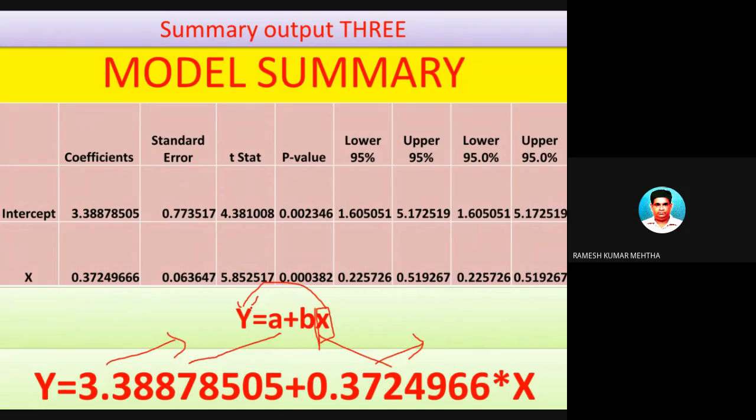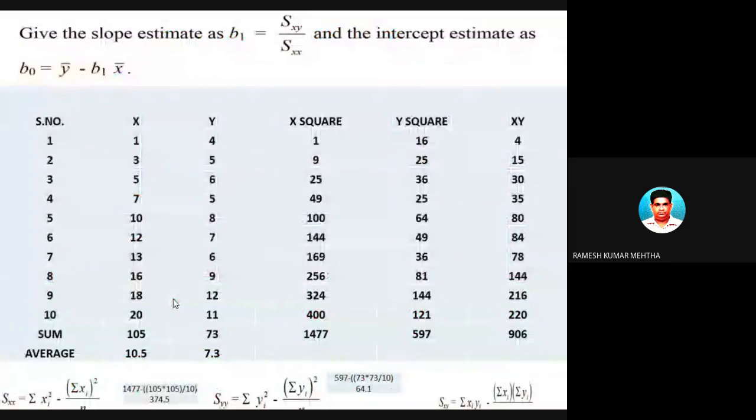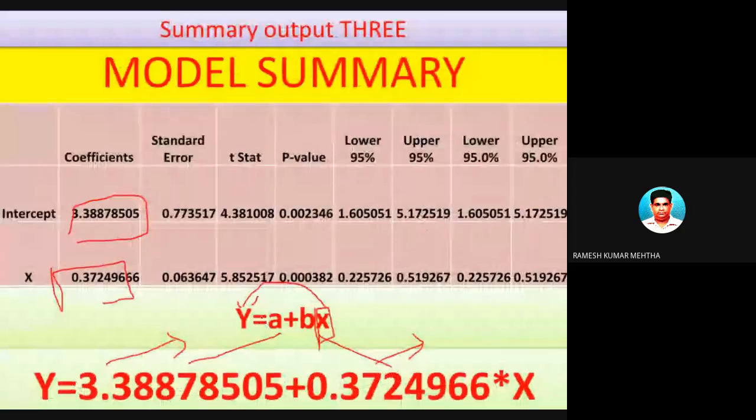To find out the predicted value, we will calculate this also in the next PPT. Now look at this. This is very, very important because our endeavor, our headache, is to find out the value of A and the value of B. Now, how did you arrive at the value of A and how did you arrive at the value of B?